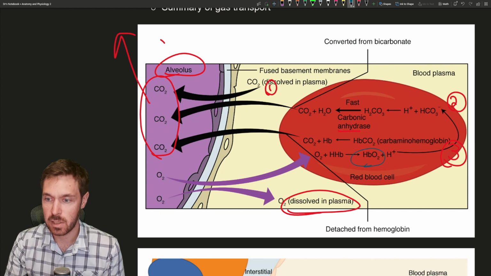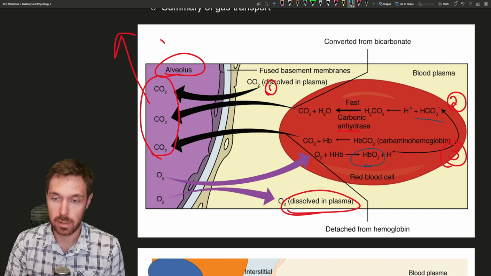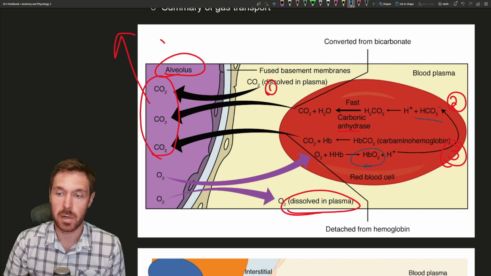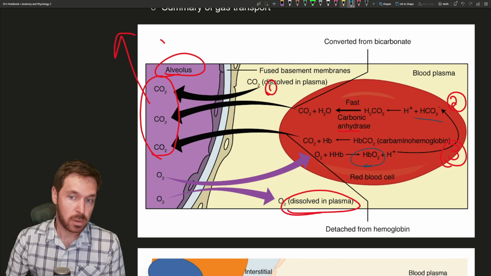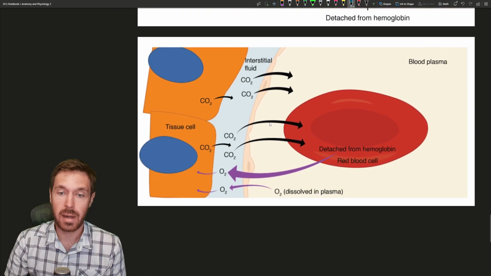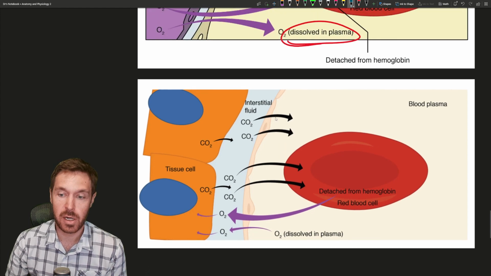Now, don't worry about this H plus. It can interact with that bicarbonate ion to form carbonic acid. So don't worry about that one too much. But then you go to the tissues, where now all the arrows are just the other direction.